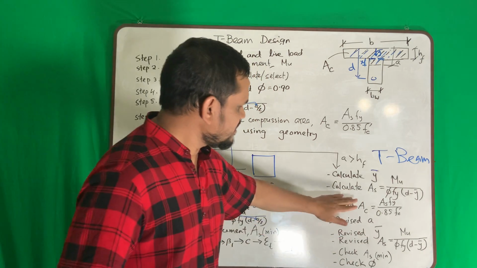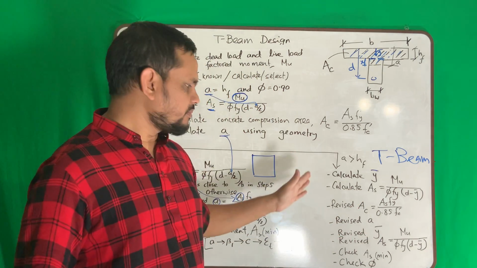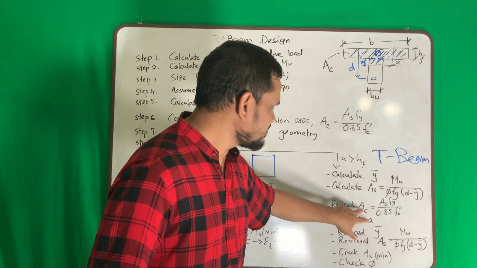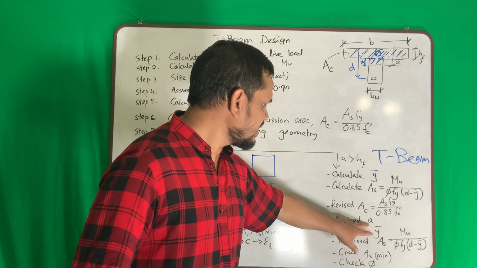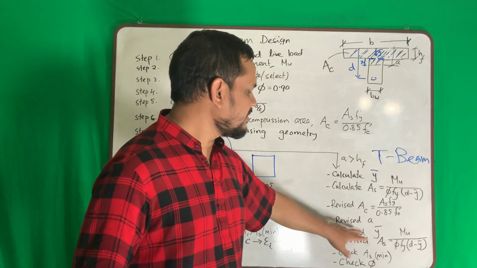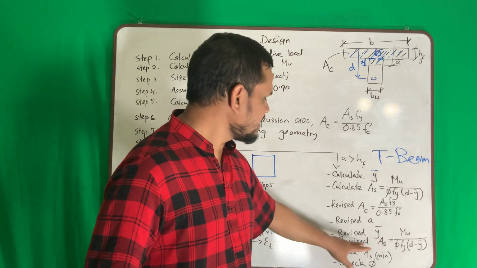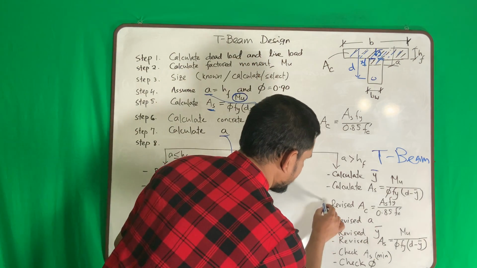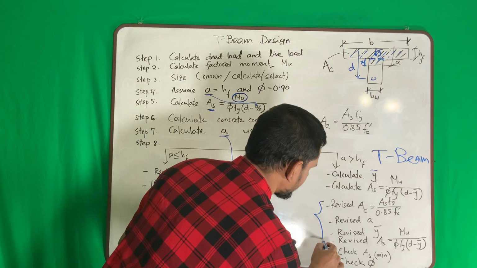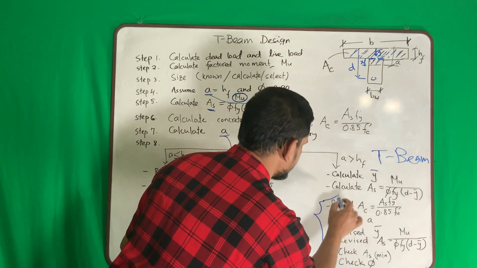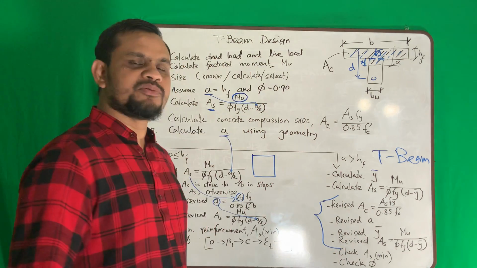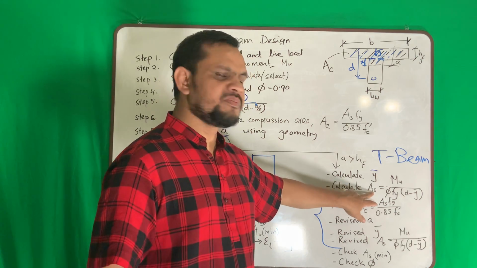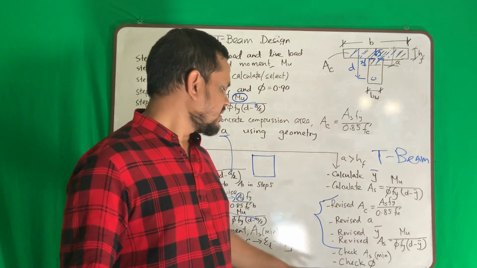Now again we can fine tune it more. Now we can calculate revised A based on this area. Once we get A, we can calculate our revised y bar, then revised A's. Now this portion sometimes we skip, because most of the cases this reinforcement is very close to the actual answer.